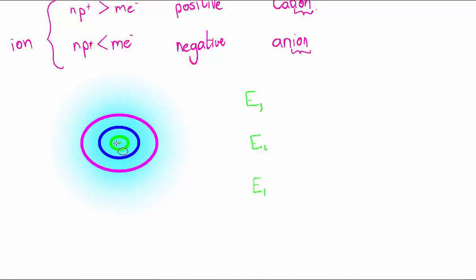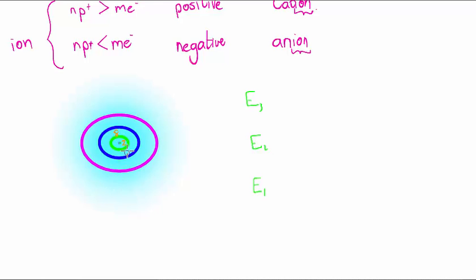Now energy level 1 can only take 2 electrons. The moment I have more than 2 electrons, they start going into energy level 2. Energy level 2 can only take 8 electrons.